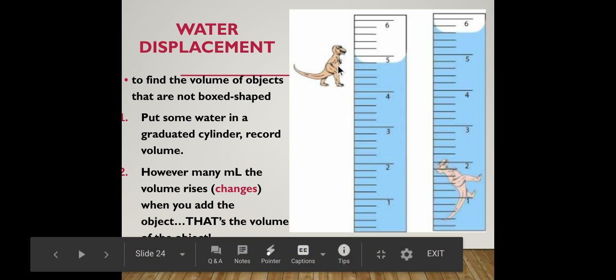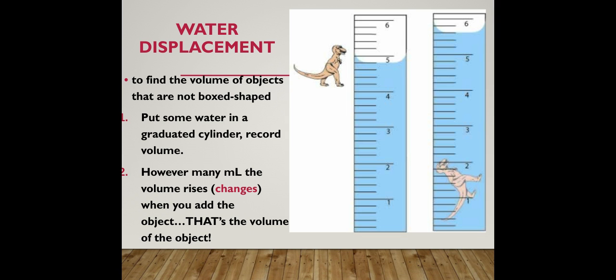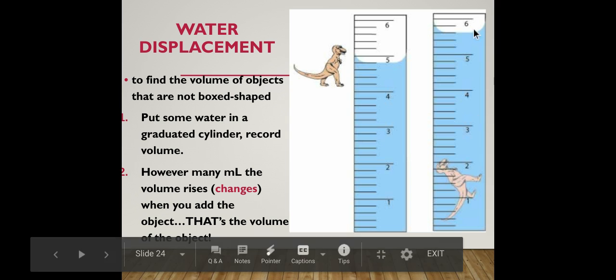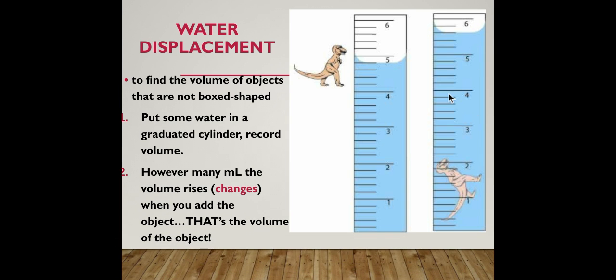So for example, we have this graduated cylinder that we have filled with 4.9 milliliters of water. We then drop in our T-Rex and we see that it went from 4.9, 5, 5.1, 5.2, 5.3. So the volume increased when we put the T-Rex in.